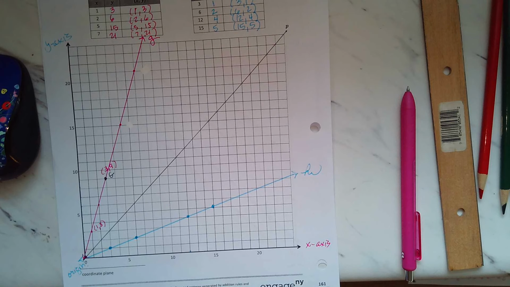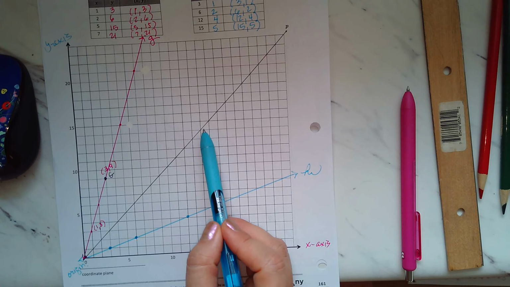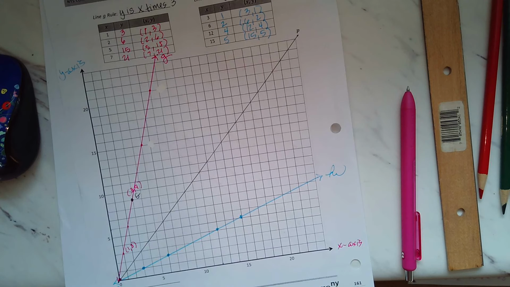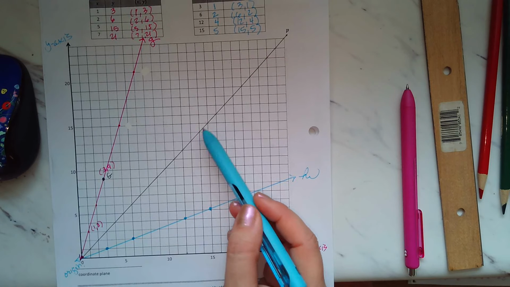So imagine a line I whose rule is y is x times 2. Why does it make sense that line I would be steeper than line P, but not as steep as line G? Well, for P, the x and y are equal.